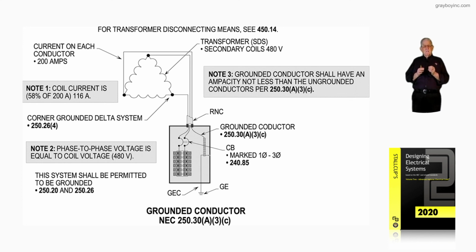So this figure 16-41 deals with a grounded conductor when it's a corner grounded system and it's actually an ungrounded phase that is connected to ground, as you see in this illustration 16-41.